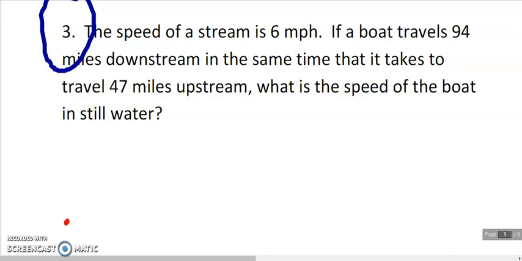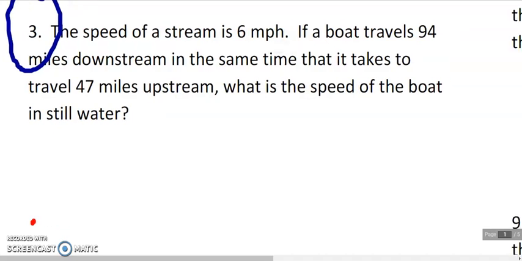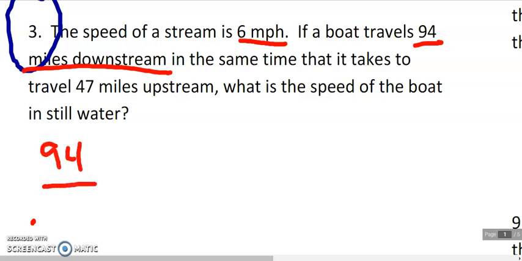So I see a stream with a speed of 6 miles per hour. So that 6 is going to go on the bottom of my fraction somewhere. I've got 94 miles downstream and 47 miles upstream.